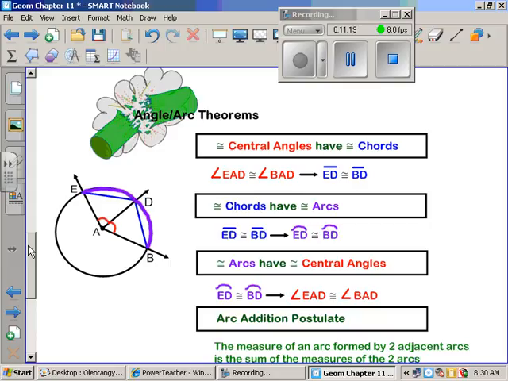Okay, so if the angles are congruent, the chords are congruent, and the arcs are congruent.